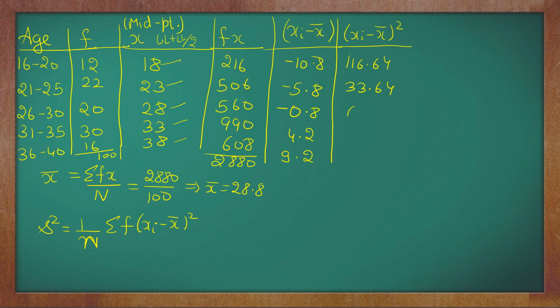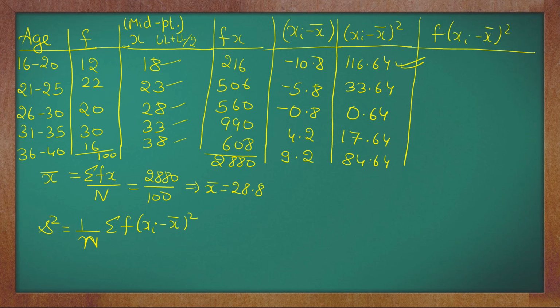33.64, 0.64, 17.64, 84.64. And the last, f xi minus x bar whole square: with this multiply the frequency, 1399.68, 740.08, 12.8, 529.2, 1354.24.